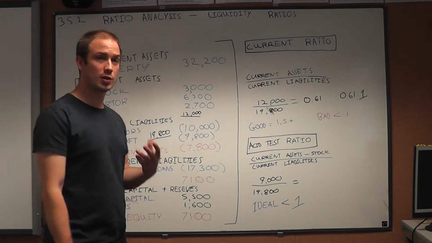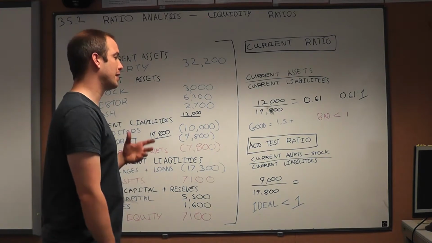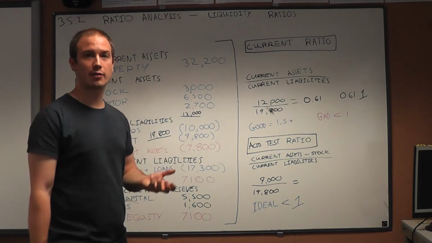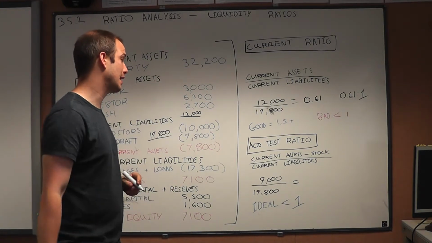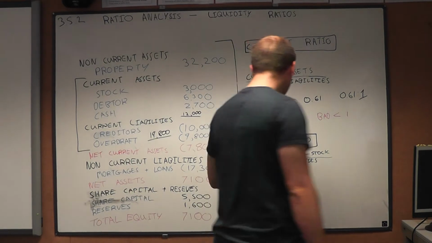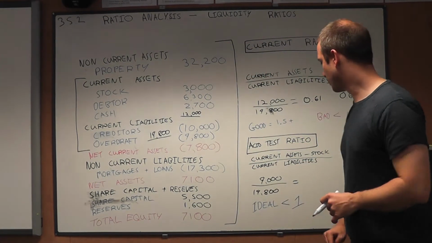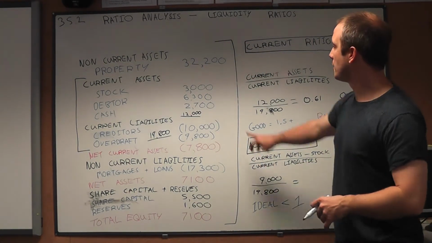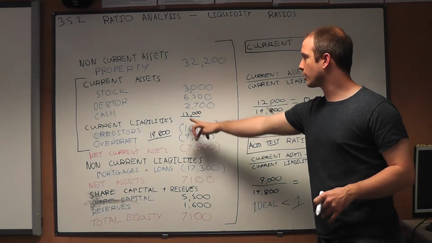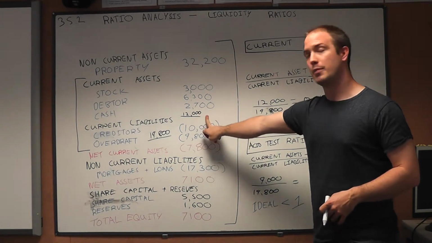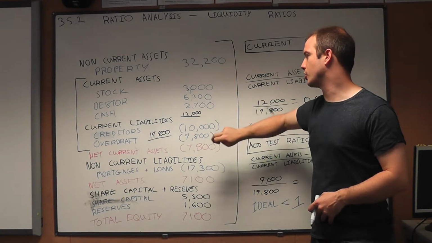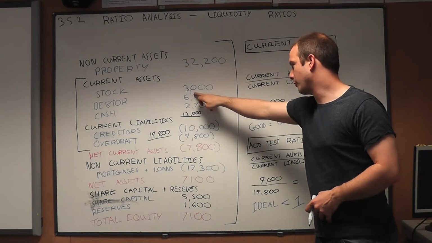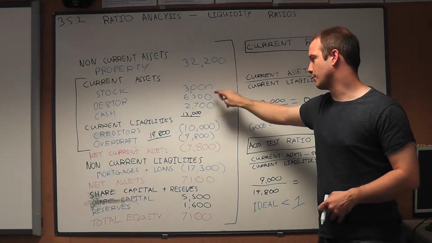So it's always worth considering what the current ratio might look like without stock, which is exactly what the acid test ratio is. So we'll put our numbers into this equation. We know that all of our current assets are £12,000 million, but we've got to take away our stock, which is 3,000 million.